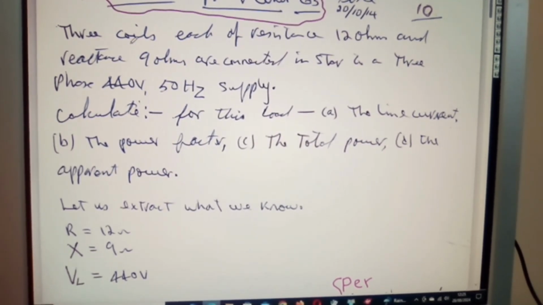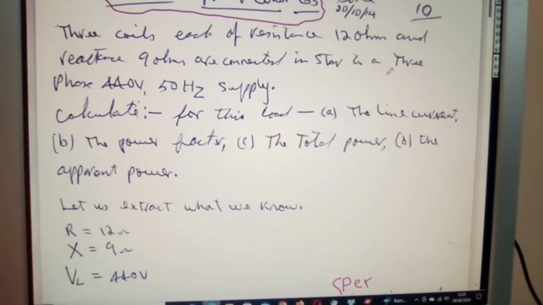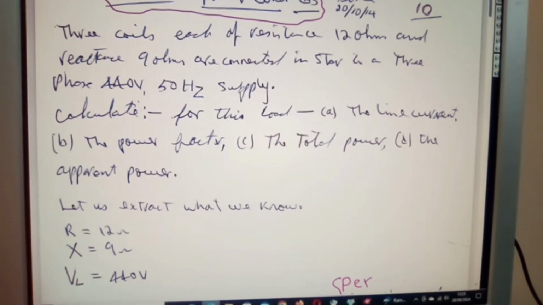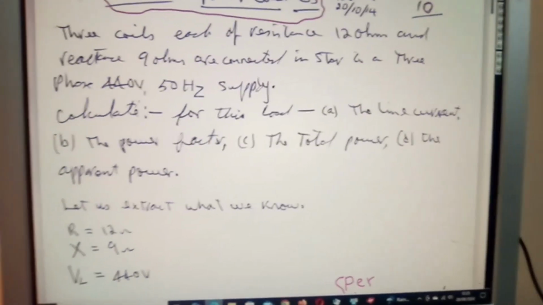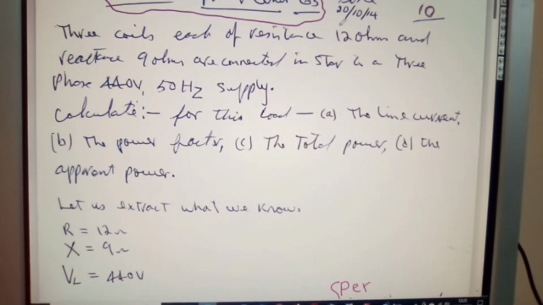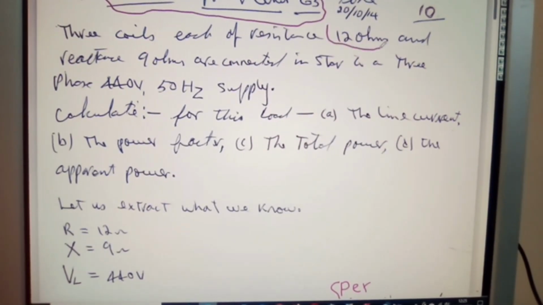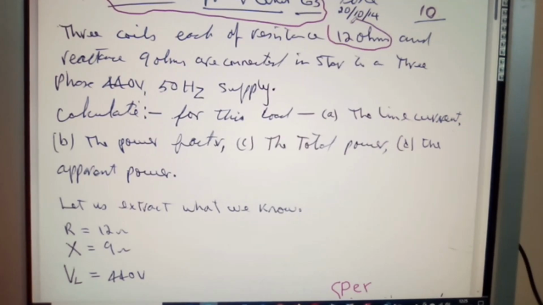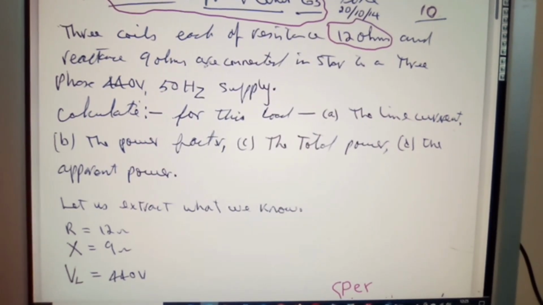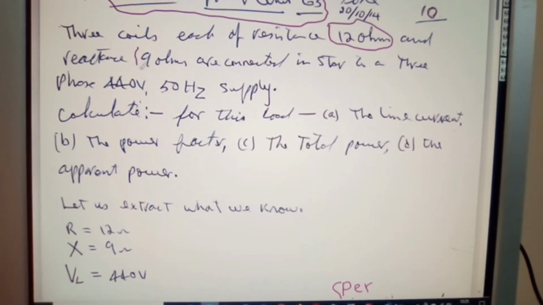Three coils, each of resistance 12 ohms and reactance 9 ohms, are connected in star to a three-phase 440 volts 50 hertz supply. So let me identify that information for you. Okay, here you are. You need to extract these.